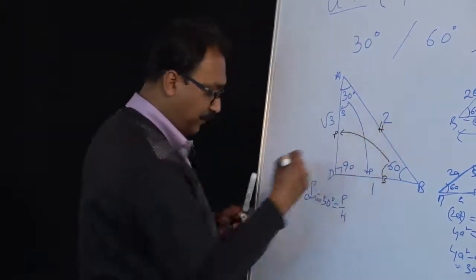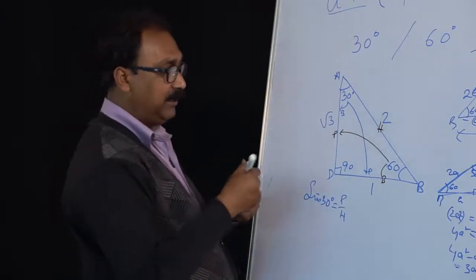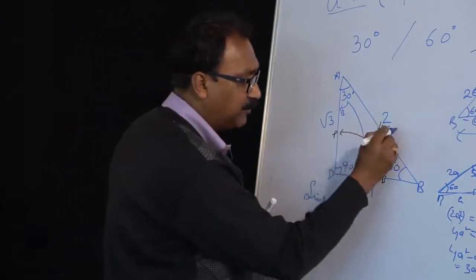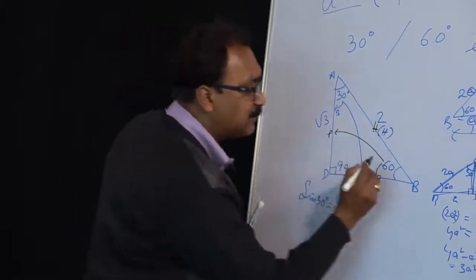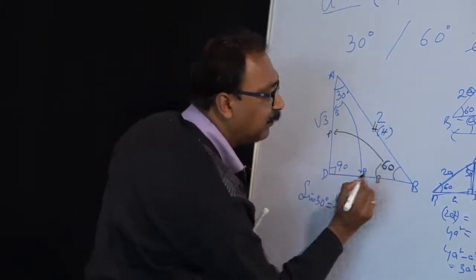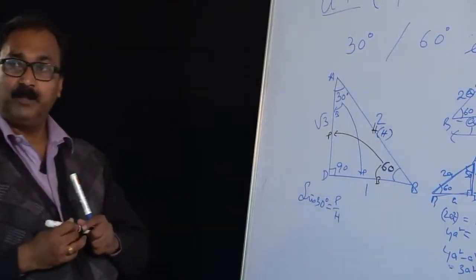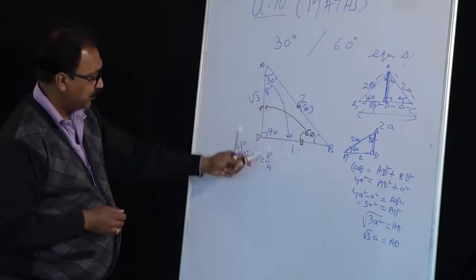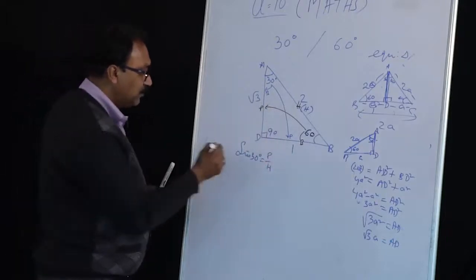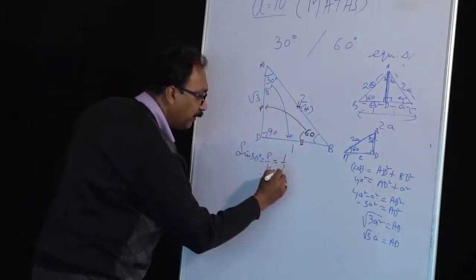The hypotenuse is always the same, whether 30 degree or 60 degree. So I make it 60 degree here with the black, so you can recognize it. Clear? So now sine 30 is P by H, that is 1 by 2.